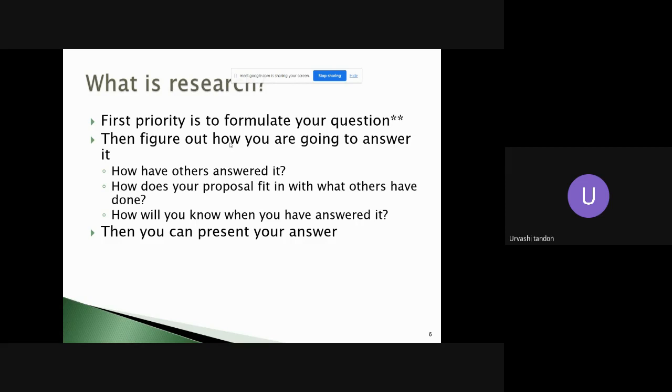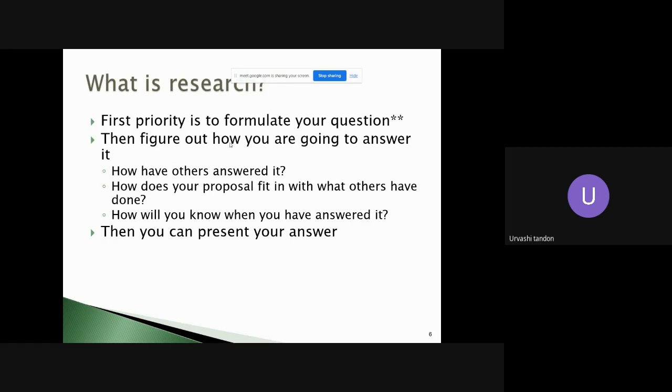Then you figure out how you will answer this question. For that, just think how others have answered it. That means you need to see the research studies related to this, and whether your proposal fits in with what others have done or you are going to find something new out of it.